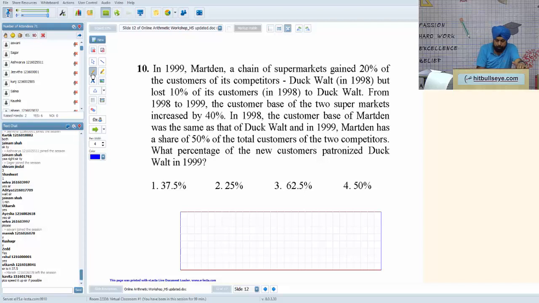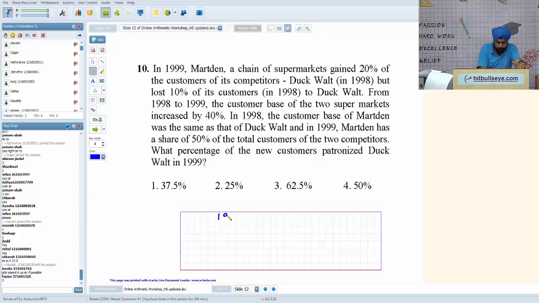So talking about 2 years, one is the year 98, another is the year 99. The information is the share of M, the share of D, and total. As the shares are defined in percentage, let me take the total to be 100 in the year 98.